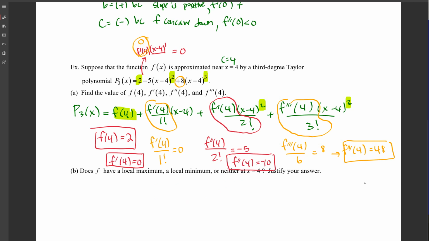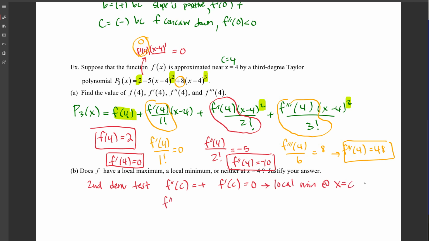So does f have a local maximum, a local minimum, or neither? Well, let's think about this. Remember what we talked about a long time ago about the second derivative test. The second derivative test says that if the second derivative at some point c is positive and the first derivative at that same point c is 0, then there is a local minimum at that point, x equals c.